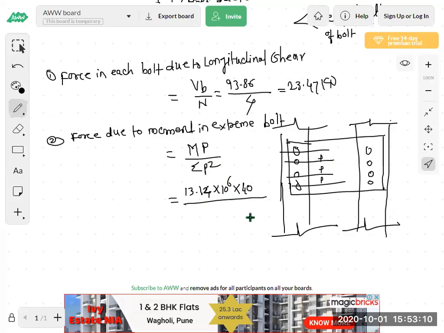So how many pitches are there? 1, 2, 3. 4 bolts are there, so that's why 3 pitches. So summation of P means 3 into 40, correct? Summation of P, 1, 2, 3, 3 into 40. So calculate this.